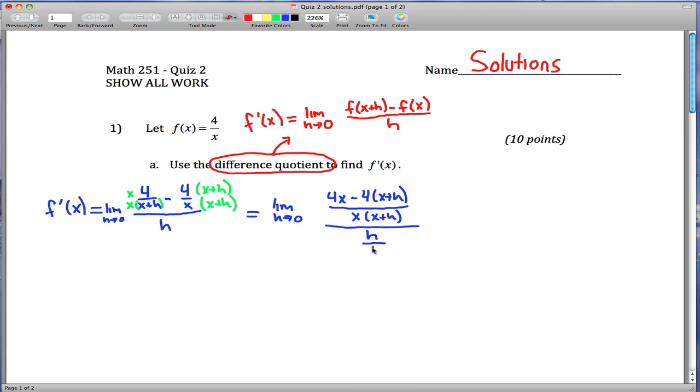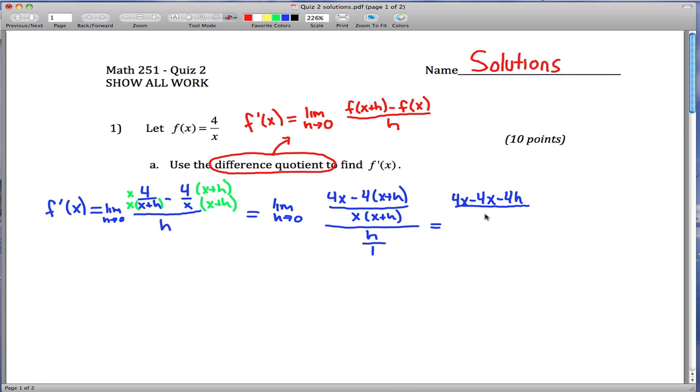Sometimes it's helpful to think of this as h over 1 so that we have a fraction inside of a fraction. That'll end up being easier later on. What we do now is distribute this negative 4 through, which gives us 4x minus 4x minus 4h. Common mistake was to leave this as plus 4h, but remember it's a negative 4 that you're distributing through here.